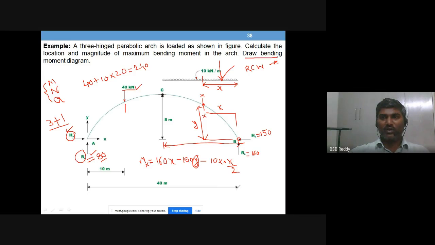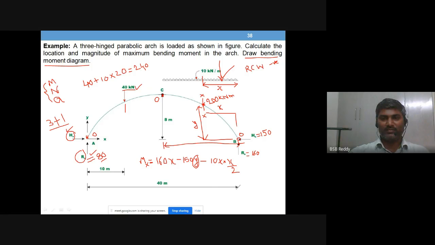So what you need to do now is draw the bending moment diagram. You know that the bending moment is 0 at A, 0 at C, and 0 at B also, and you have a maximum bending moment of 200 kilonewton meter at the midpoint of BC.